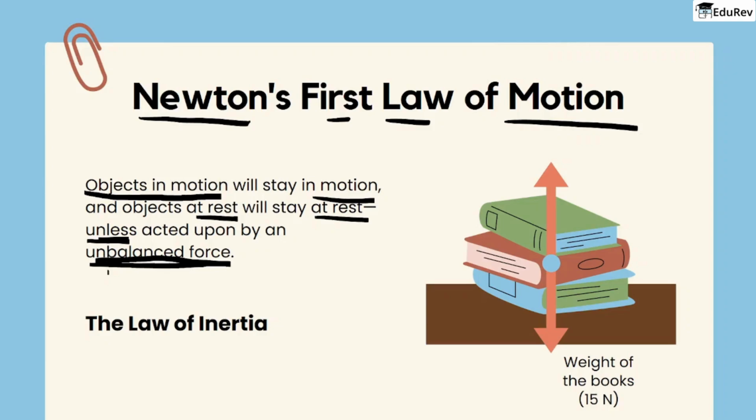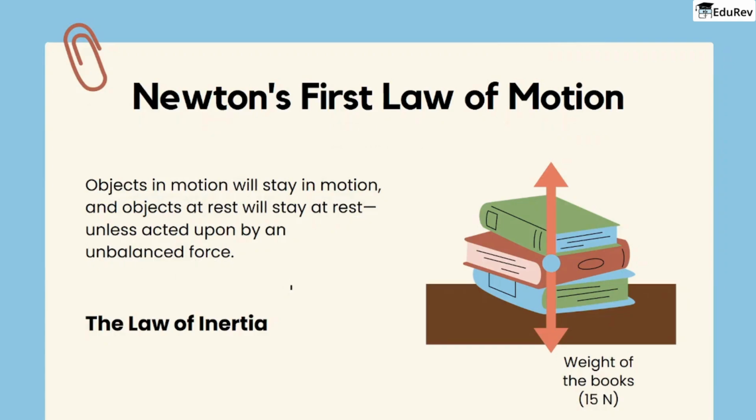This means if an object is at rest, it will stay at rest until and unless we push it or an unbalanced external force is applied on it. And a body in constant motion at constant velocity will stay in the same state until and unless an external force is applied on it.